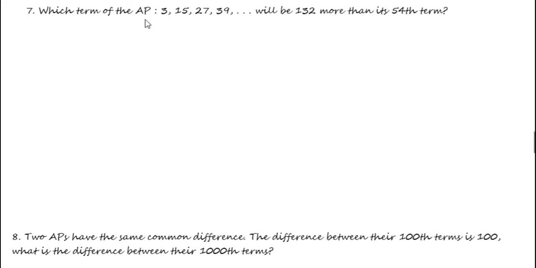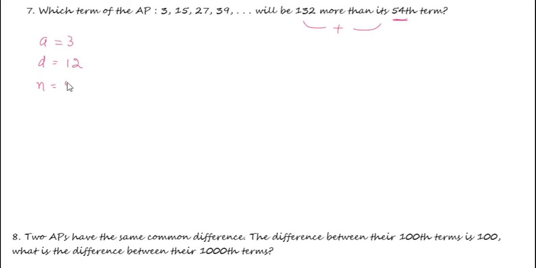Which term of the AP 3, 15, 27, 39 will be 132 more than the 54th term? What we need to do is find out the 54th term, add 132 to that, and then find out n for that, that is, find out which term it is. Let us take a equal to 3, d equal to 15 minus 3, that is 12, and n equal to 54 in the first case.